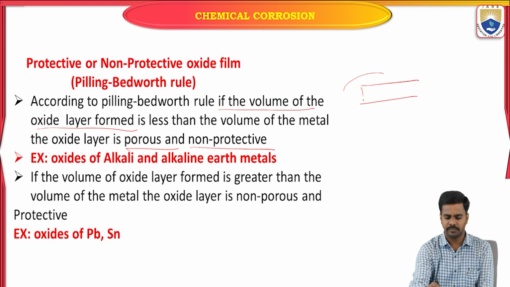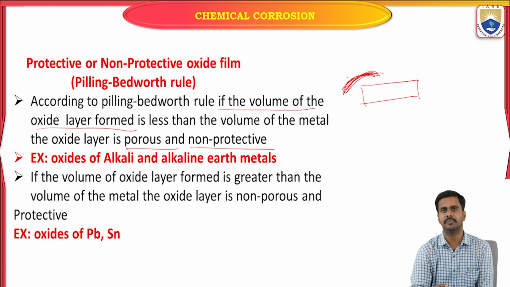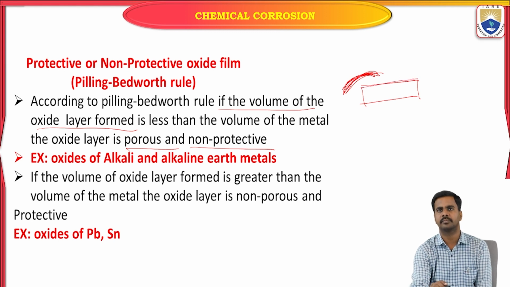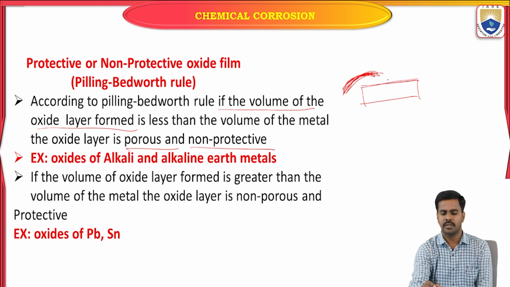So this is the metal, and this is the metal oxide layer formed on its surface. The volume of the metal oxide layer is less than the volume of the metal, so it is porous and non-protective.